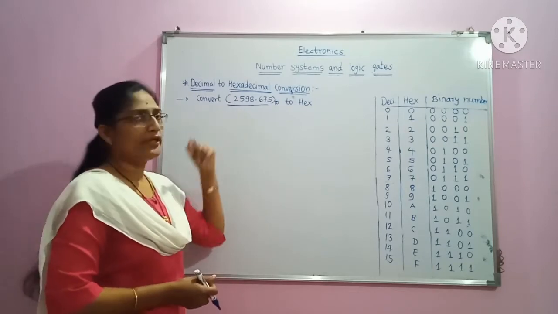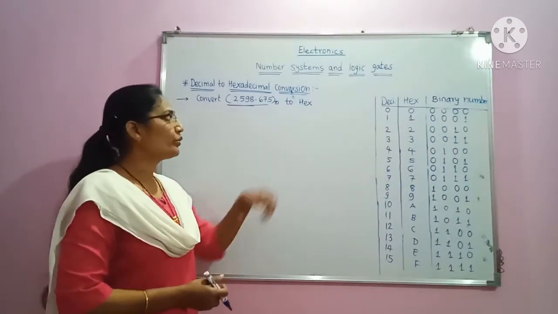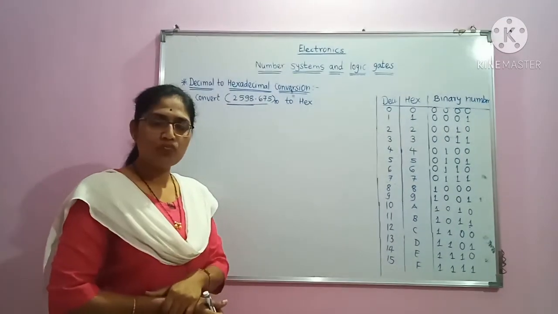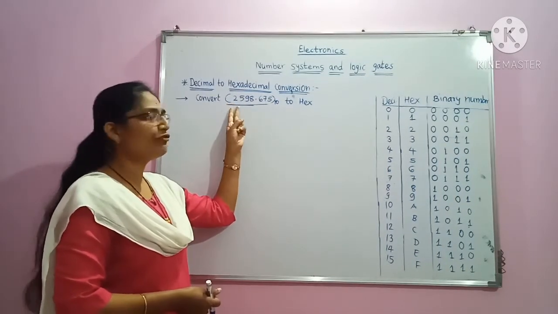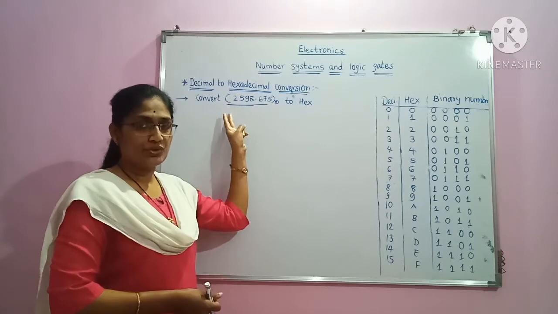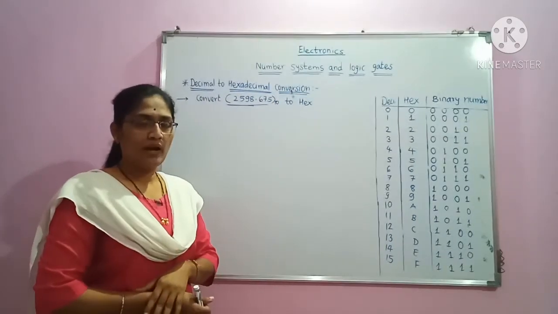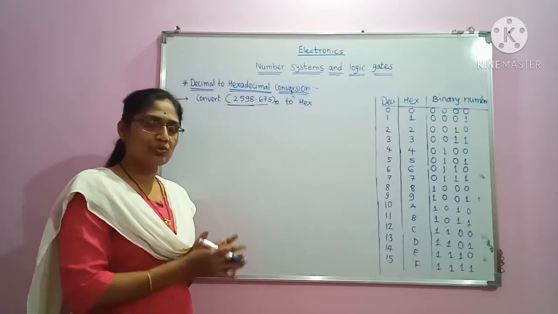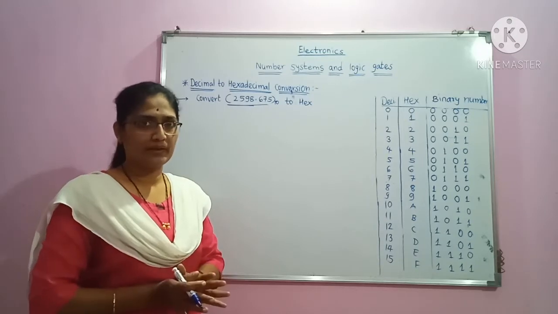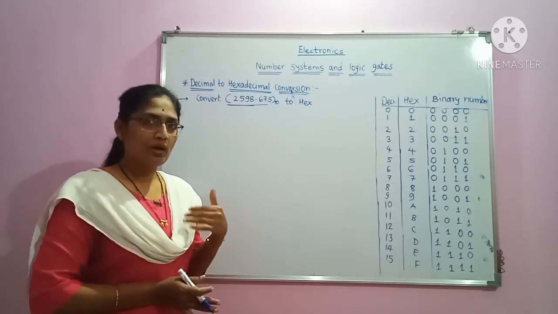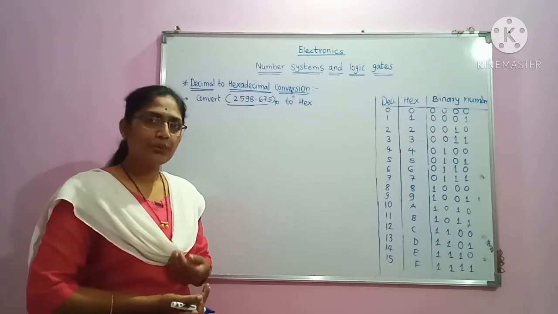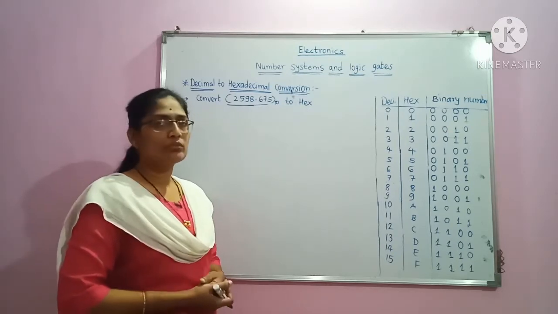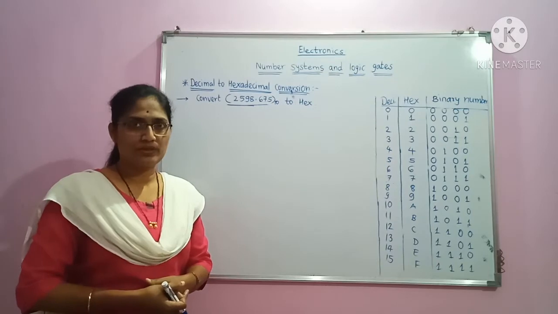Suppose there is only an integer and we want to convert it into hexadecimal form. Then at that time you have to divide that integer by 16, and you have to write the quotient and remainder separately. Then you will obtain a different quotient, and that quotient you have to again divide by 16.